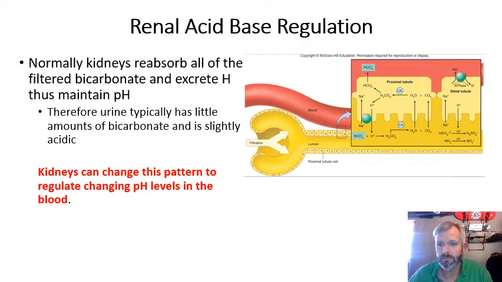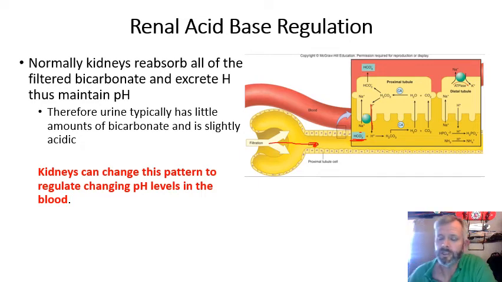We're in the proximal tubule and also the distal tubule, but in the proximal tubule, this is where we get the most reabsorption of bicarbonate. There is our bicarbonate that was filtered. Okay, it was filtered out here. It's small enough to be filtered into the filtrate. Now, there is secretion of protons.